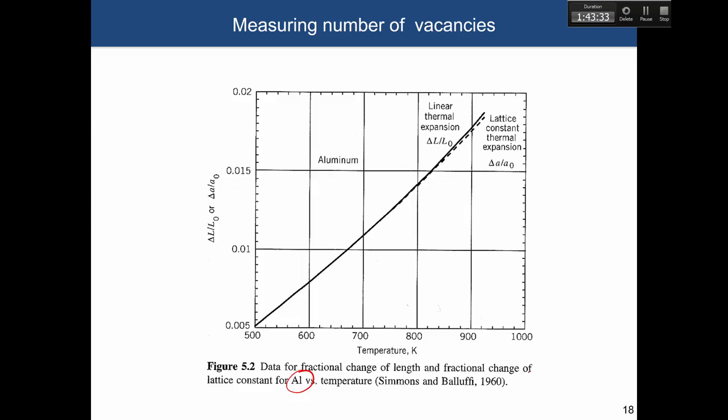This graph shows the change of the length of the aluminum bar as a function of temperature. The solid line is the measured one, and the dashed line is the line that was predicted simply by taking into account thermal expansion.